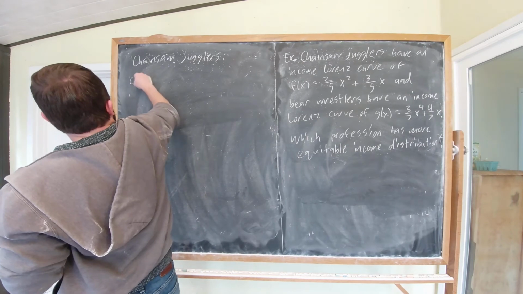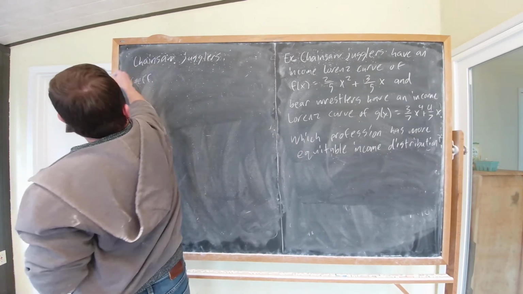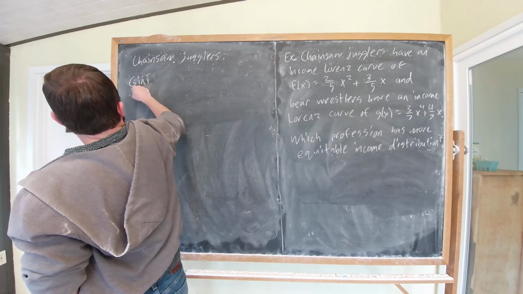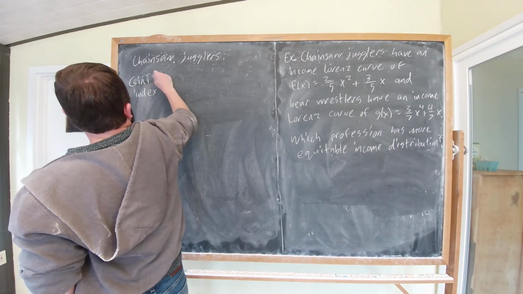The coefficient of inequality, which I'll just call the G index, because it's less, right?